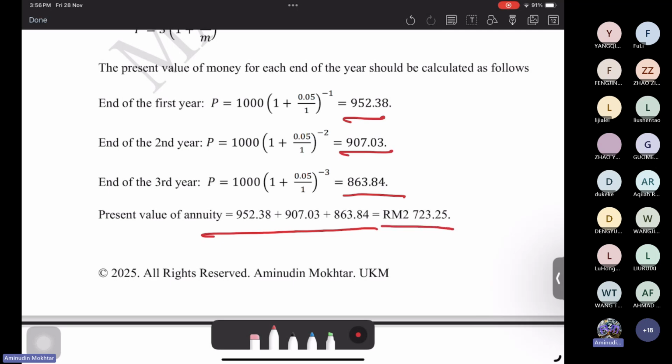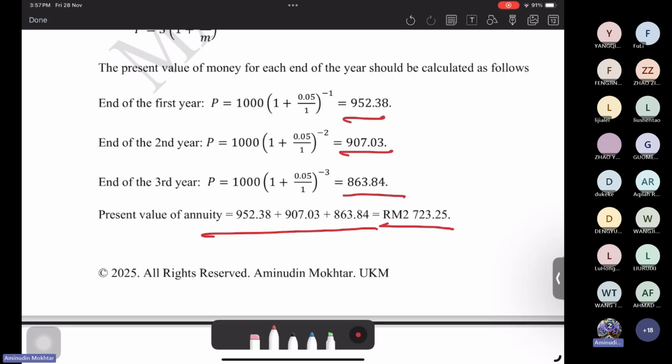The total is 2,723.25. Okay, this total is also referred to as the present value of annuity. In other words, the present value of annuity is a combination of the present values of money that we need to calculate individually for every case. But in general, we also need to report the present value of ordinary annuity.